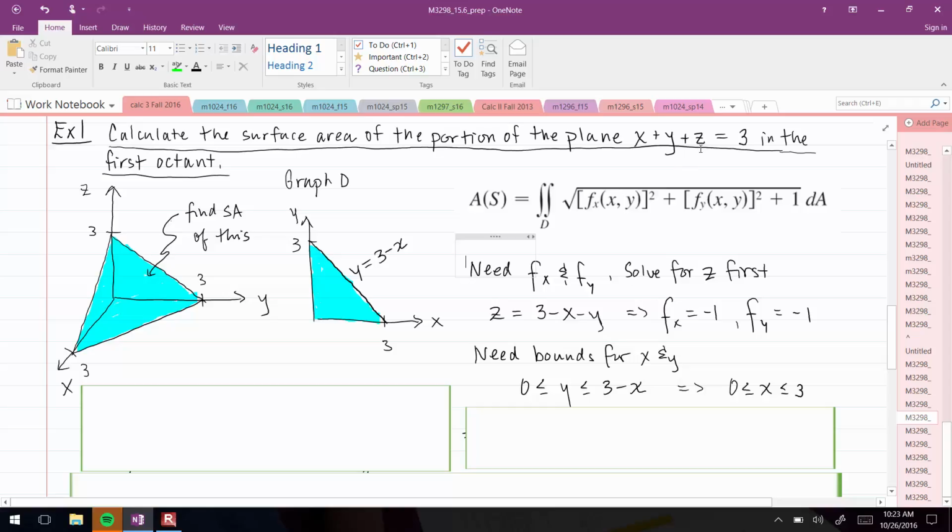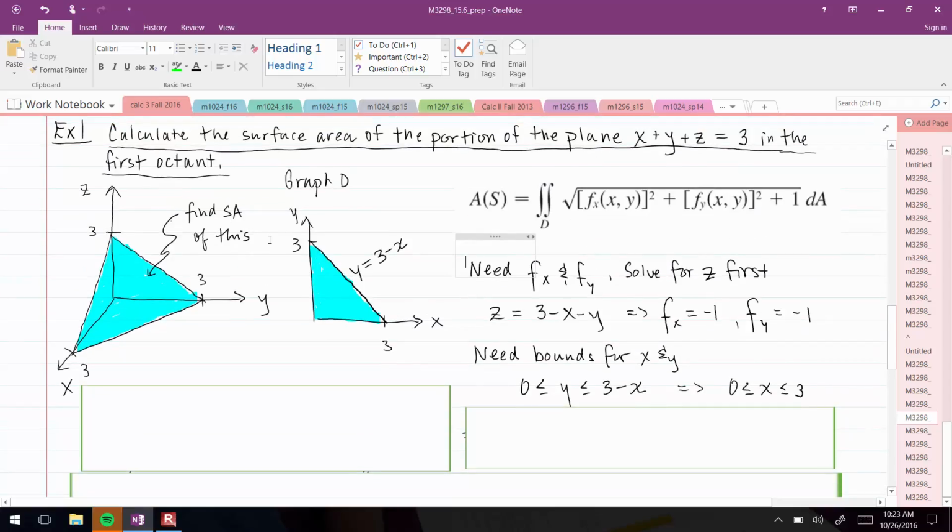That's easy to do. We just move over the x and the y by subtracting them, right? And then we can find our f sub x and our f sub y. They turn out to be very simple, -1 and -1. And we're going to be able to plug those into this formula.